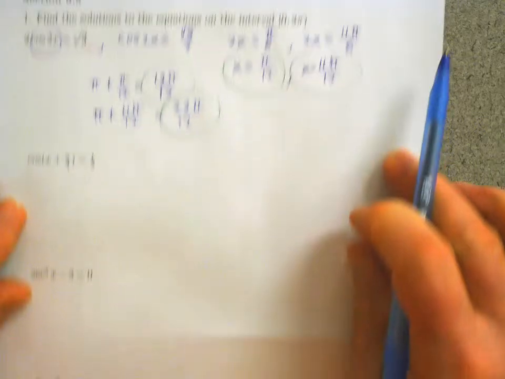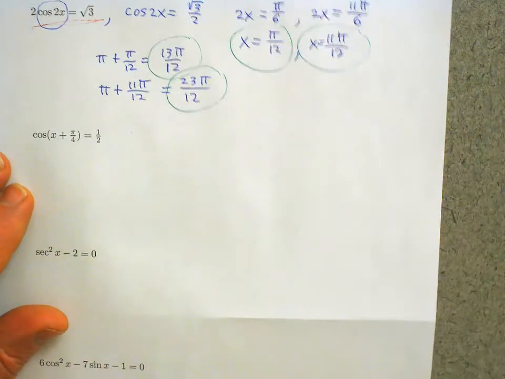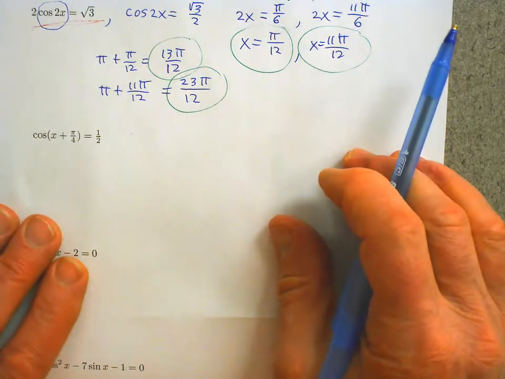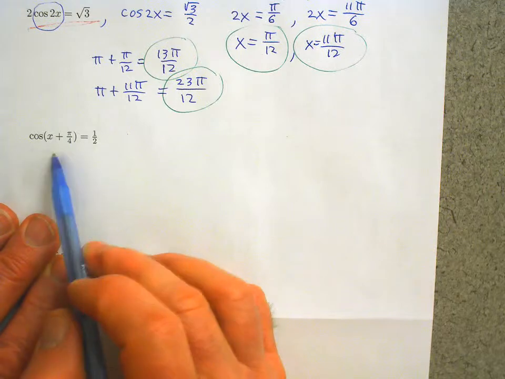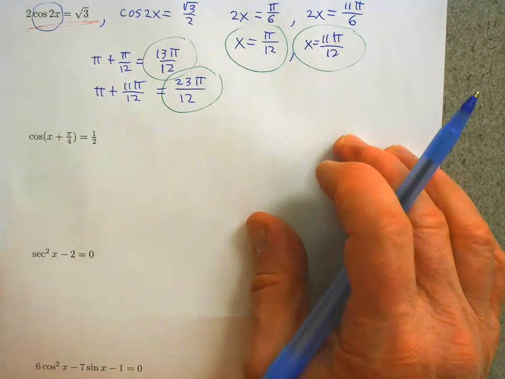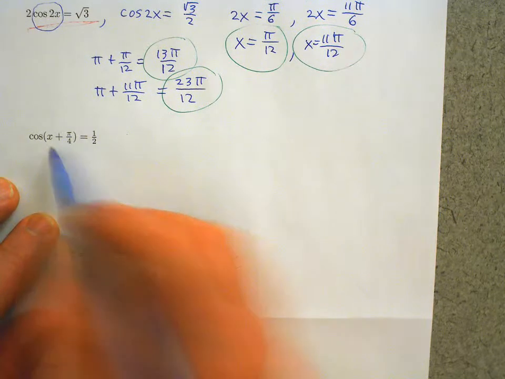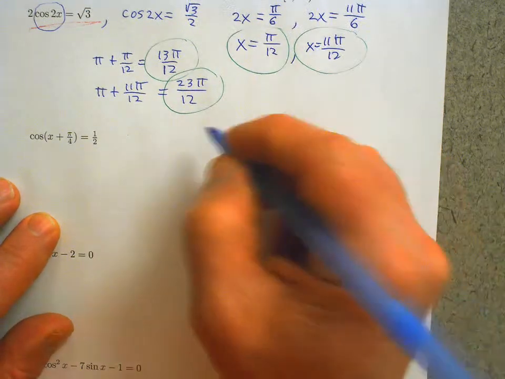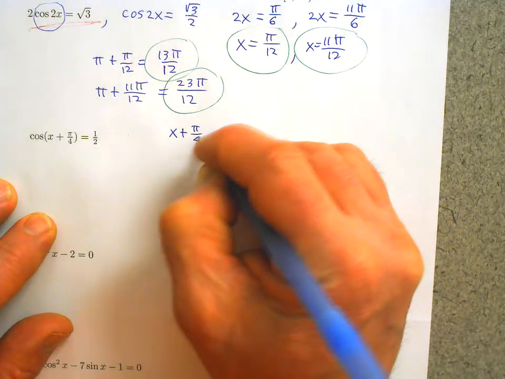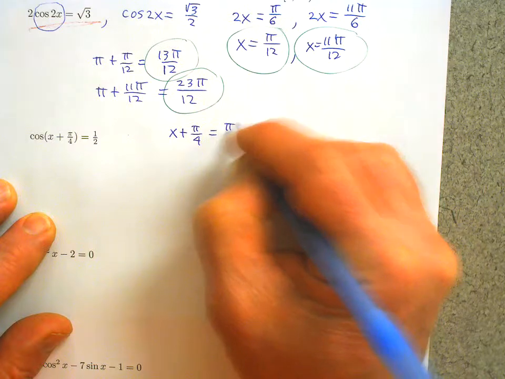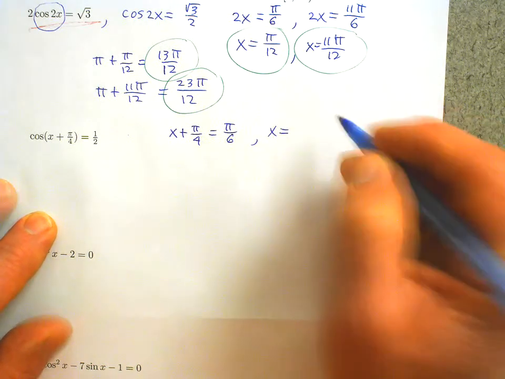Okay, the next equation, cosine of x plus pi over 4 equals 1/2. The period of the related function is 2 pi, so we're expecting to find two solutions.